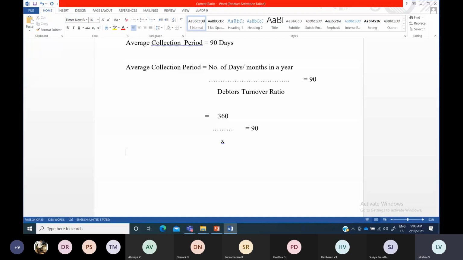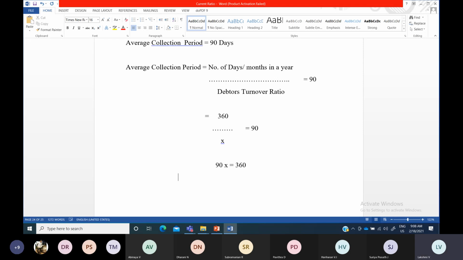Okay, now how to calculate this X? X into 90 will become 90X. Okay, 90X is equal to 360.